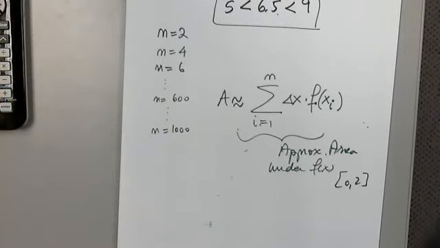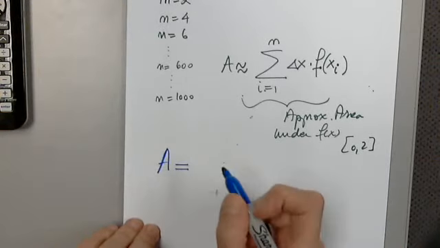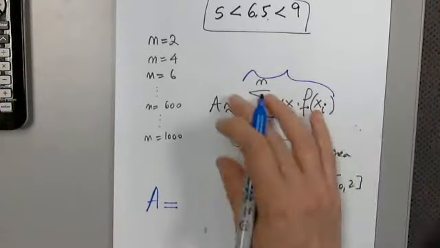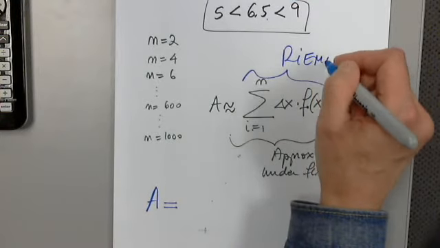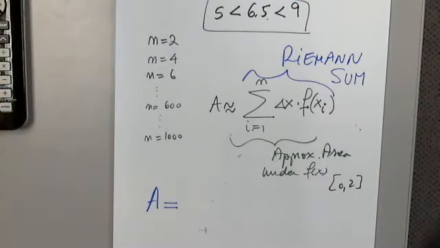Okay. Now what do you think I'm missing here in order to write the equal symbol? By the way, this product with the sum in front is called the Riemann sum, after the mathematician who developed it.